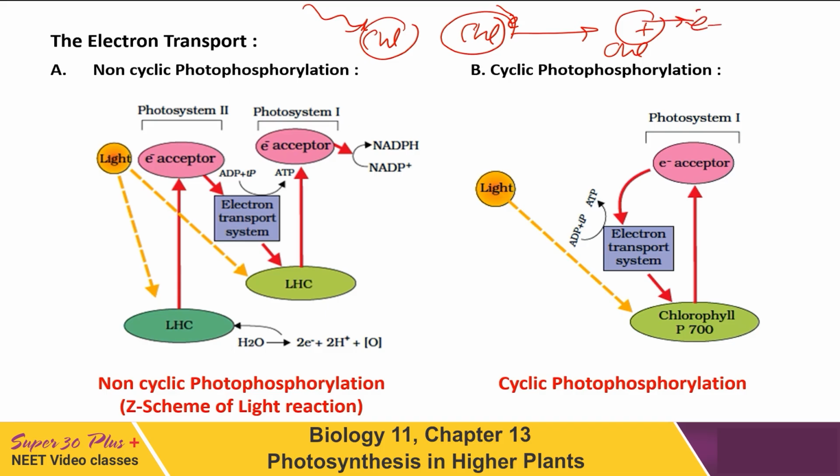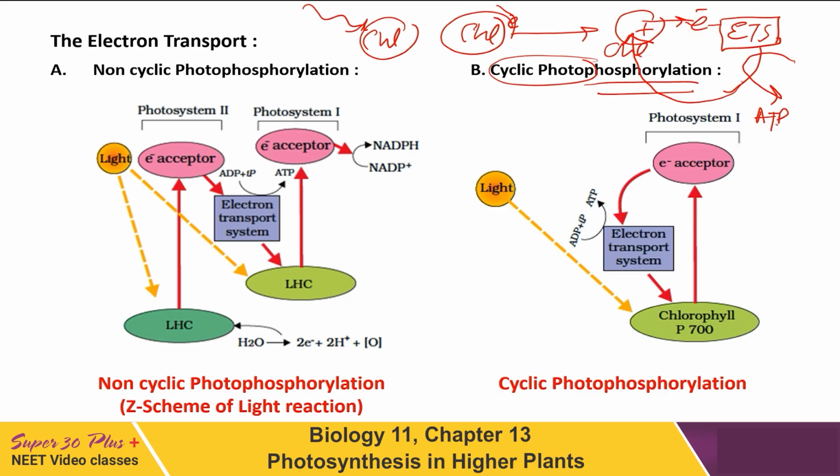Now this electron goes through electron transport system, and it will lose its energy, and this energy will be utilized in the synthesis of ATP. We have to see detail of this. If the electron, after generation of ATP through electron transport system, is returned to the same chlorophyll molecule here, then children, that will be known as cyclic photophosphorylation. Phosphorylation means formation of ATP.